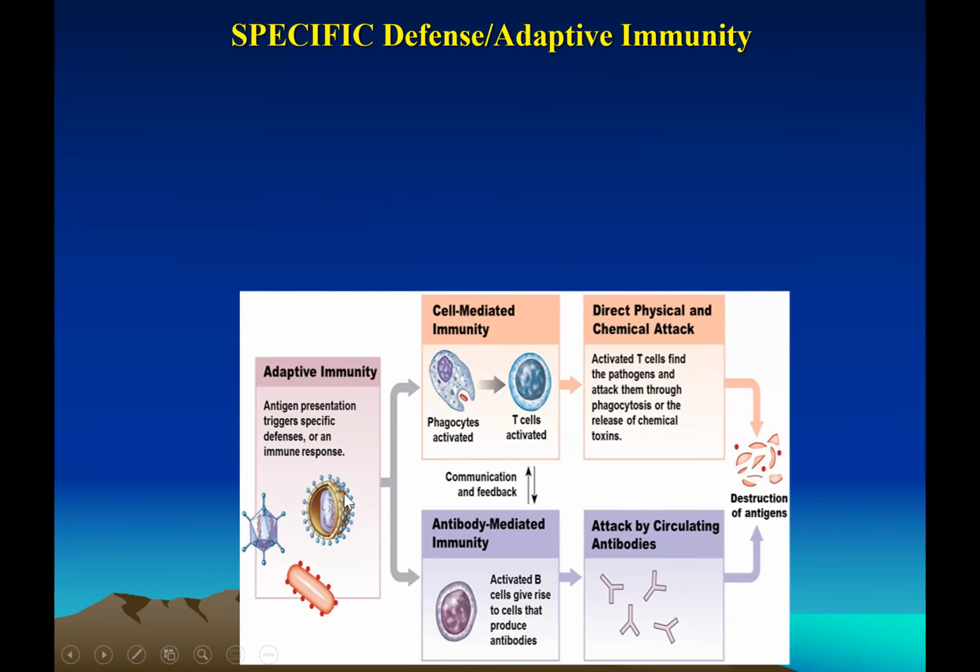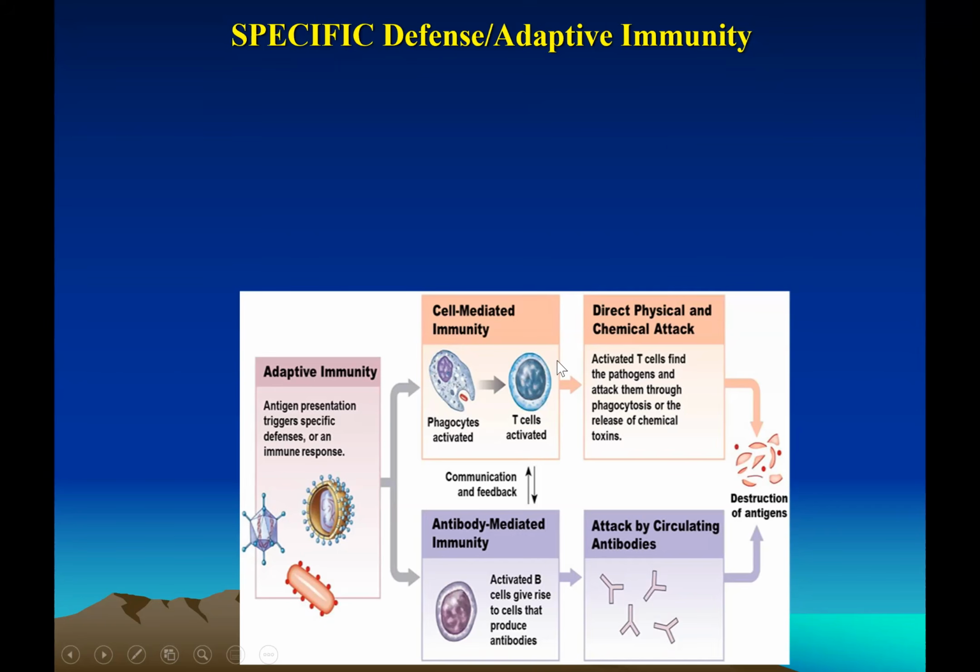So in adaptive immunity, the foreign material is considered an antigen because it is going to evoke the immune system. The antigen triggers the immune system. It can either be cell-mediated immunity through T cells being activated. When the phagocytes chop up the antigen or the pathogen, they will present it to the T cell.